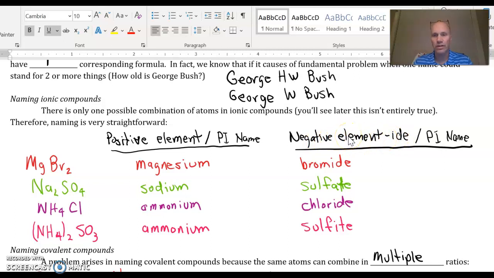You'll be familiar with a lot of these terms. I've given 4 examples of ionic compounds here that cover the 4 different combinations of these.